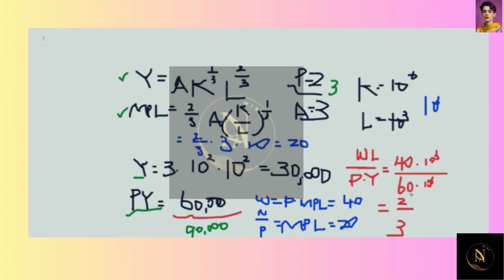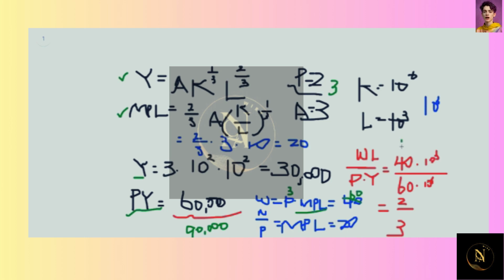So wait a second. In this new scenario, the wage did change, because what doesn't change is the MPL here. So P now is 3, so it is P times 20, which is 60. So now we can calculate this ratio.